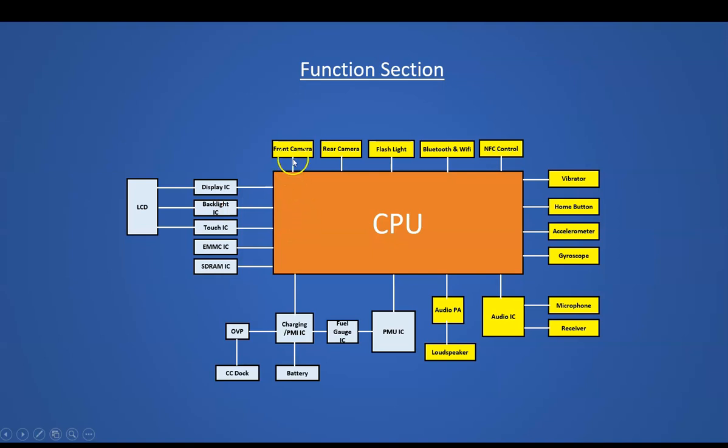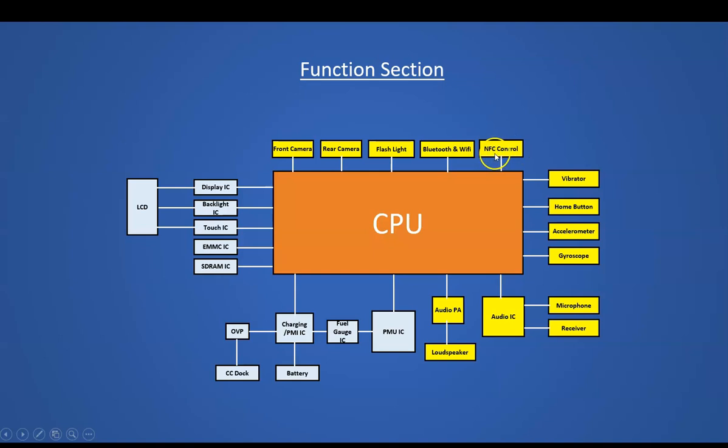Starting a phone doesn't depend on the camera or flashlight and so on. These functions only activate when we want them to. When we want to connect any Bluetooth device, we need to activate the Bluetooth option, and only then will the Bluetooth section activate. It's the same with Wi-Fi and the NFC controller.